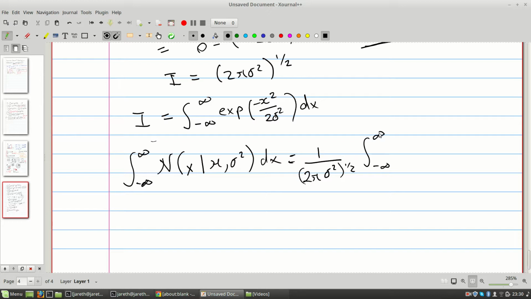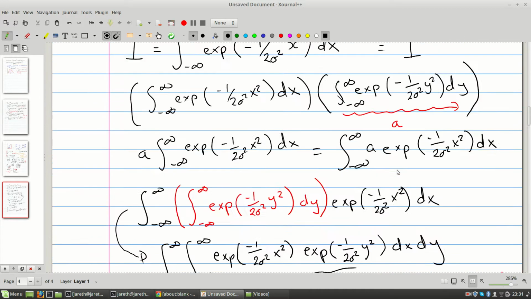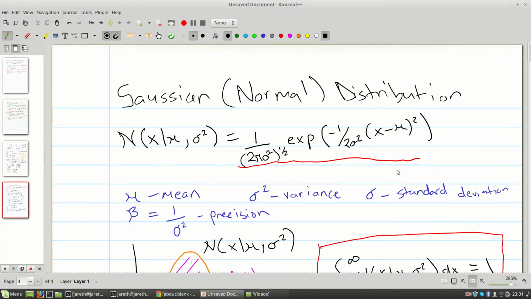So minus infinity up to infinity of the exponent of minus x minus mu, squared, over 2 sigma squared dx. This was the initial Gaussian formula that we introduced in the beginning, right? x minus mu squared over 2 sigma squared.